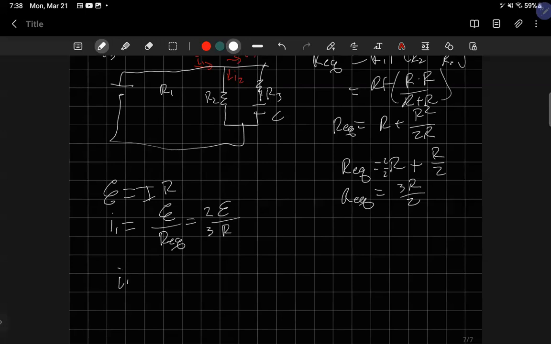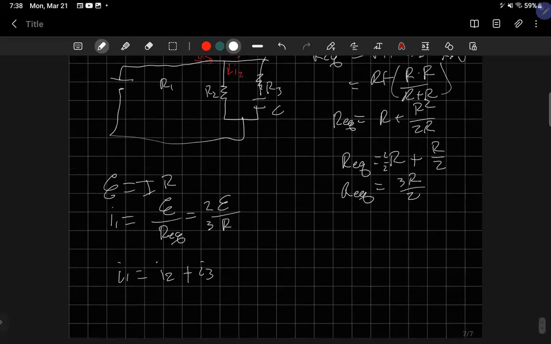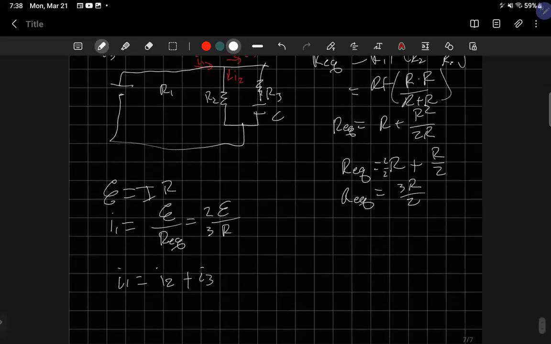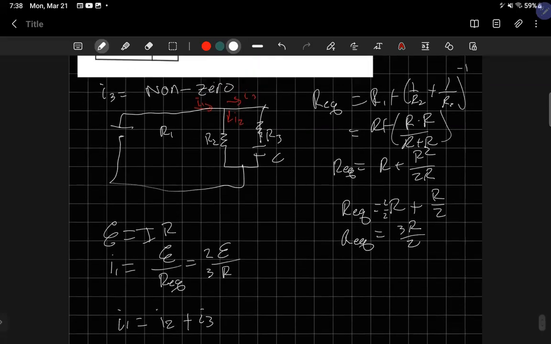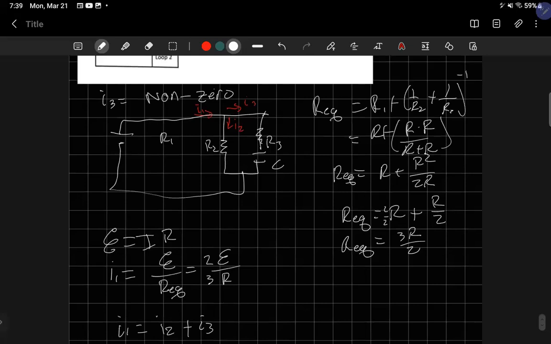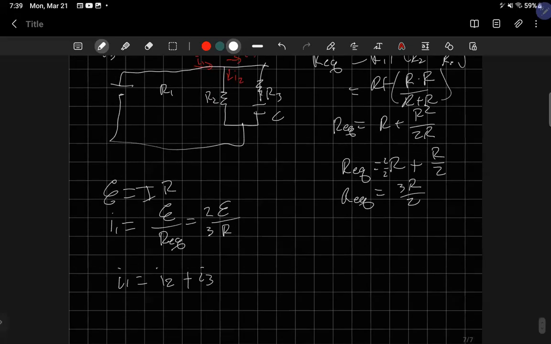And then I1 is equivalent to I2 plus I3. And since R2 and R3 are equivalent, we can assume that I2 is going to be equivalent to I3. So I2 equals I3 equals I1 over 2.